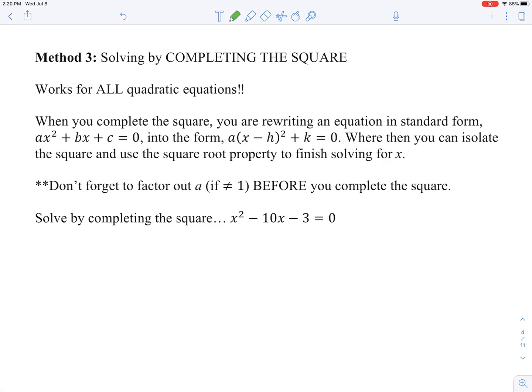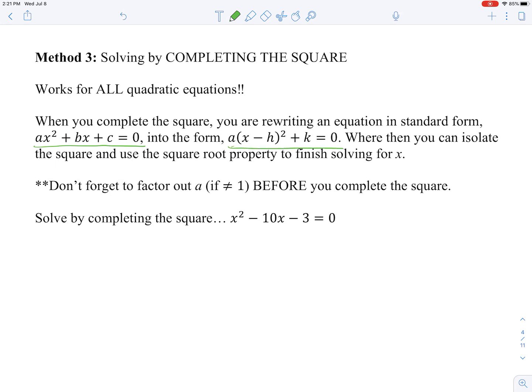So if you like to complete the square, go for it. It'll work. It's just not always the most efficient. Sometimes if you have a leading coefficient, you'll end up with fractions that can just make it a little bit more complicated, but you can definitely solve by completing the square.